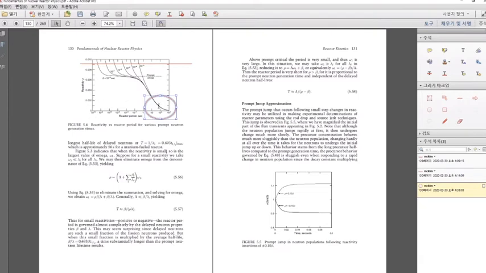Then the relation between reactivity and reactor period could be simplified, as can be seen in equation 5.57. Also, when above prompt critical, in other words, when the reactivity is very high, we could derive the relation between reactivity and reactor period.